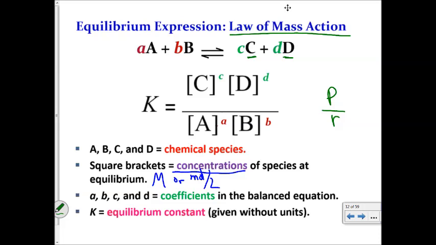But temperature can affect K because temperature is like adding heat in, and adding heat is like adding a reactant or product to something. It also changes the rates because it makes the molecules move faster. So temperature can have a huge effect on changing your K value. And that would be the only factor that does change the K value, by the way.